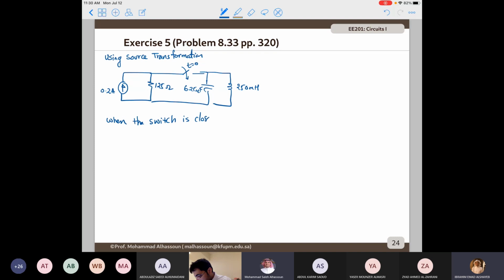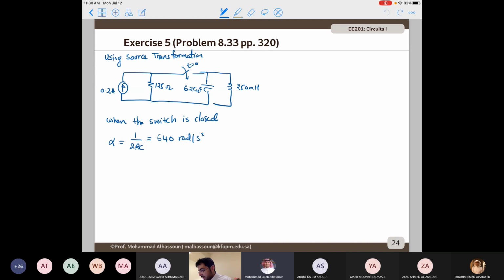We should find alpha and omega naught. Exactly, because the initial values are known. In this case, we need to know what type of response we have, and we cannot get any information in this regard unless we know the value of alpha and omega naught.